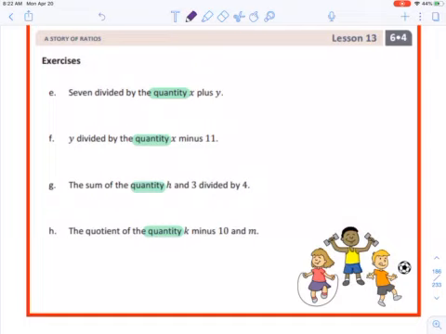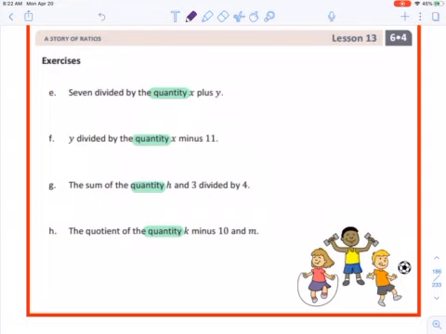All right, guys, you should have gone through E through H. We'll go over these together real quick, and then we'll be done with today's lesson. Letter E tells us 7 divided by the quantity x plus y. What are we going to put in parentheses?